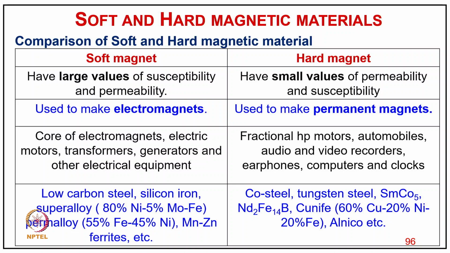And hard magnetic material is used as magnets in fractional horsepower motors, automobiles, audio and video recorders, earphones, computers, and clocks. Soft magnetic materials include low carbon steel, silicon iron, superalloy, permalloy, and ferrite. Hard magnetic materials are typically cobalt steel, tungsten steel, silicon cobalt, neodymium iron boron, Cunife, and alnico. These are permanent materials, which we call hard magnetic.